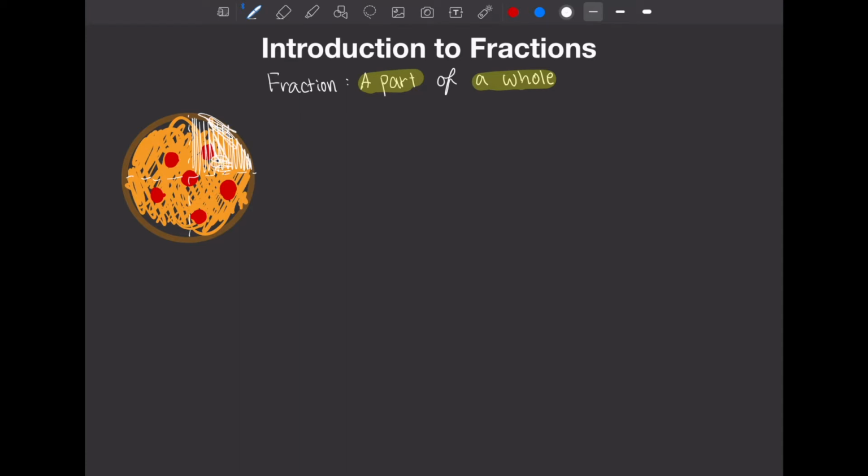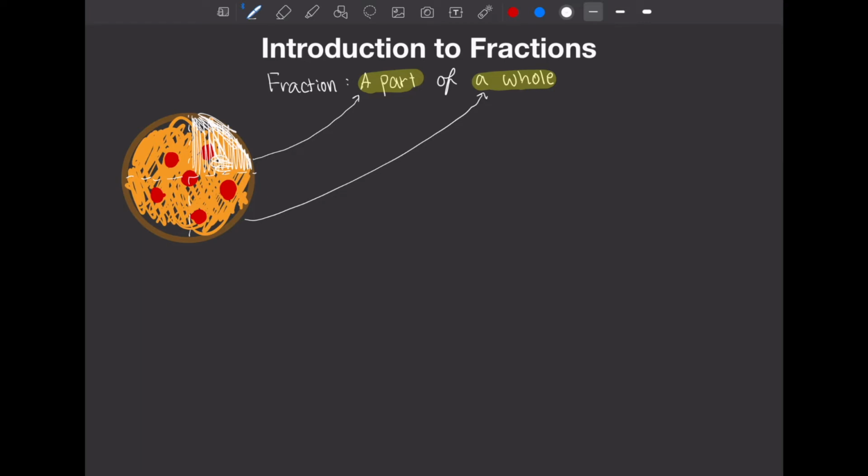So this whole entire pizza would be considered a whole because it's a whole pizza. And this little section or portion of the pizza that I ate would be a part because it's only a part of the whole entire pizza.